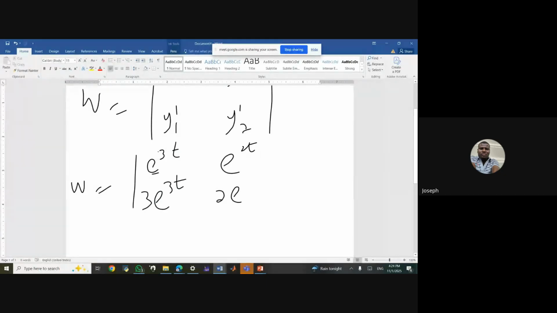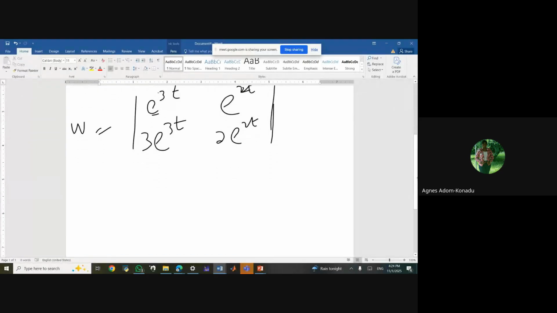Now let's find the determinant: e to the power 3t times 2 e to the power 2t, minus 3 e to the power 2t times e to the power 3t.